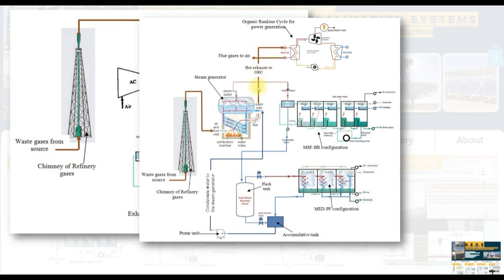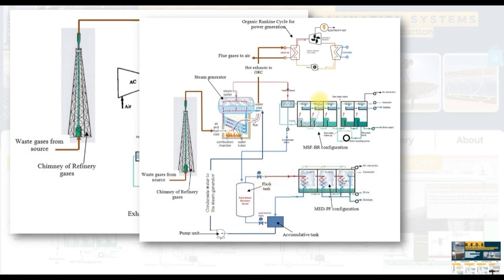It exhausts to an organic Rankine cycle in order to generate sufficient power for pumps and facilities and so on, and the other stream, the hot steam, goes to the brine heater, and the condensed steam from the brine heater is going to power the flash evaporation tank. And this flash evaporation tank is the main source of energy for the MED.